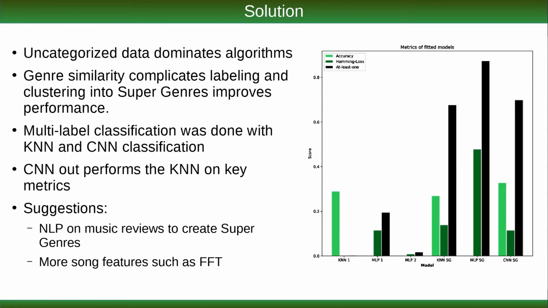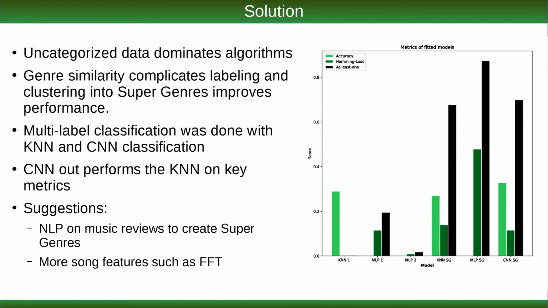The final multi-label classification was done using a k-nearest neighbor classifier and a convolutional neural network. Convolutional neural network outperforms the KNN on key metrics. Suggestions on how to improve this is to use natural language processing on music reviews to help create the supergenres and combine the genres into them, or gaining more information on the individual songs, such as Fourier transform information.